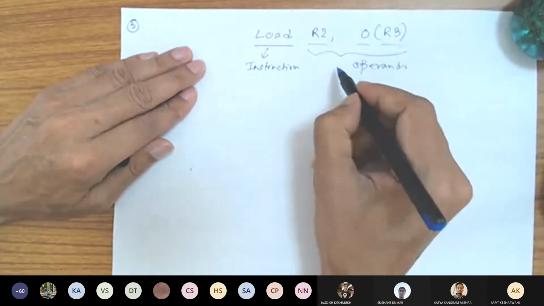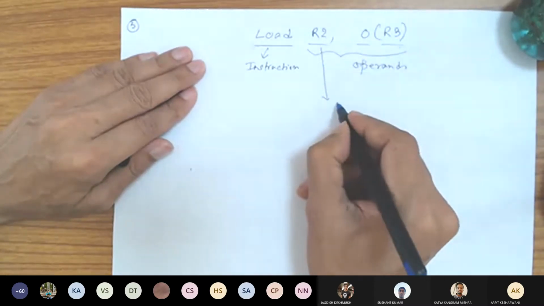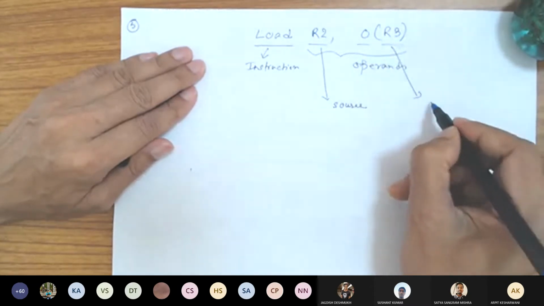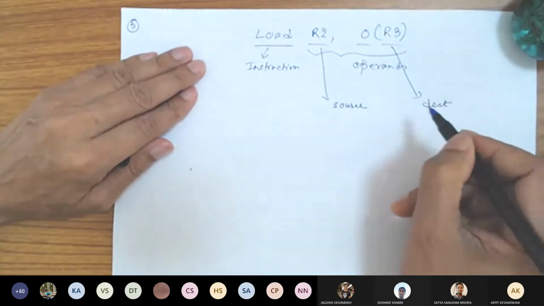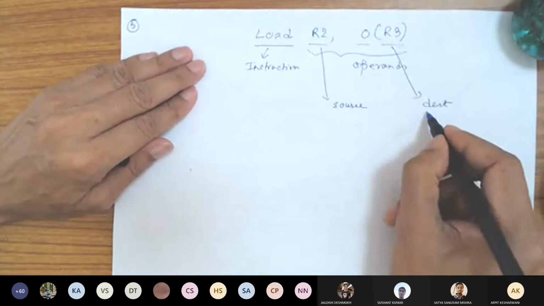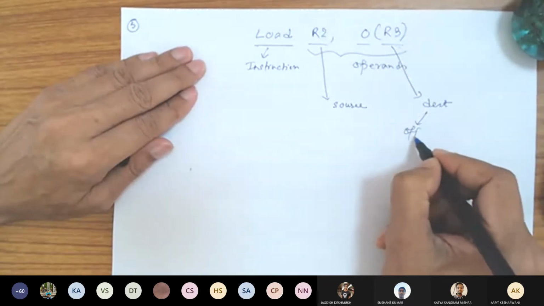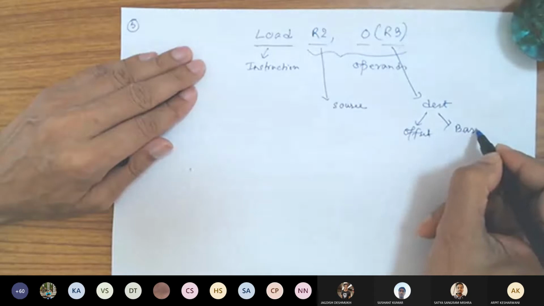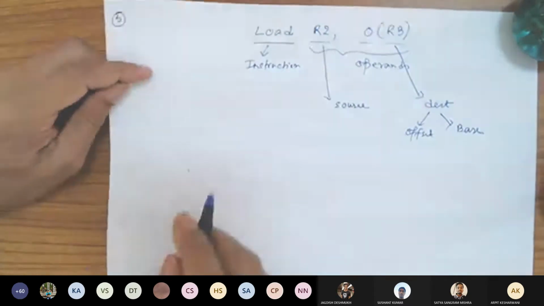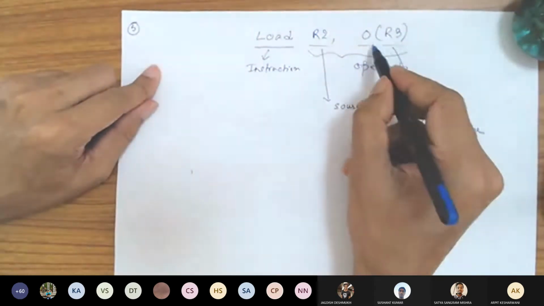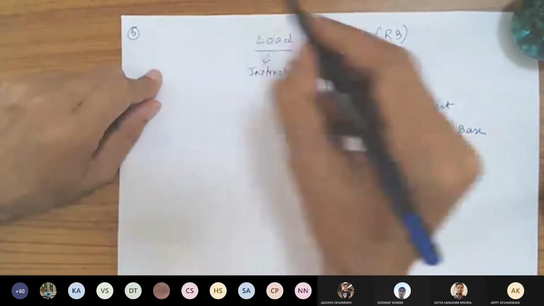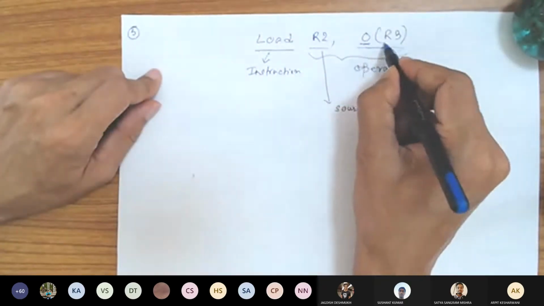Now in the operands we have further, this is the source operand and this is the destination. Now further in the operand you have offset and base. So this is your offset, this is your base.